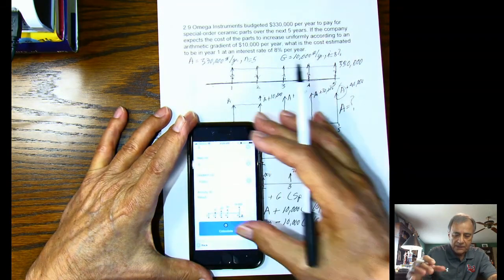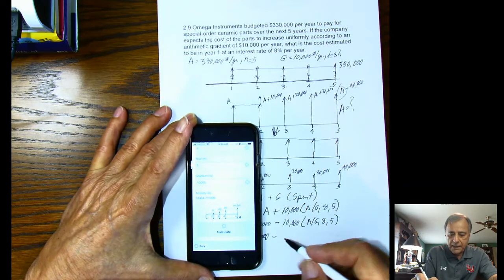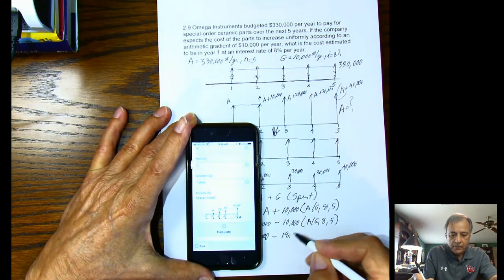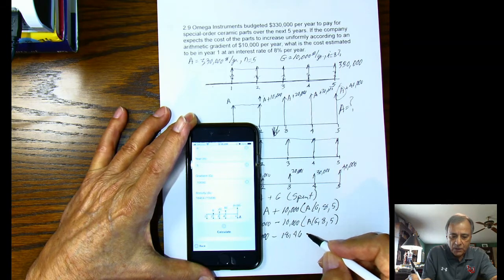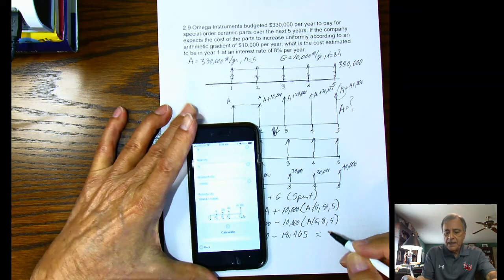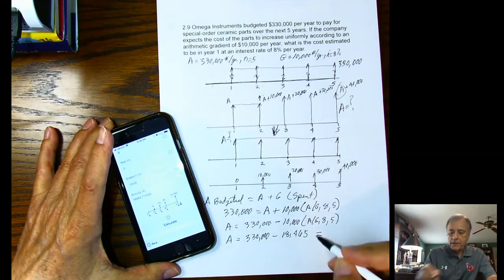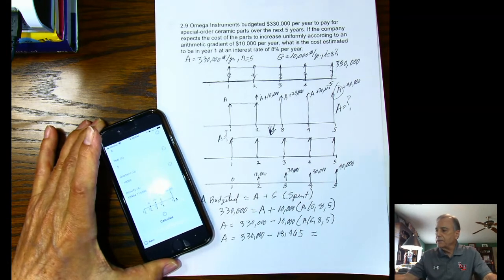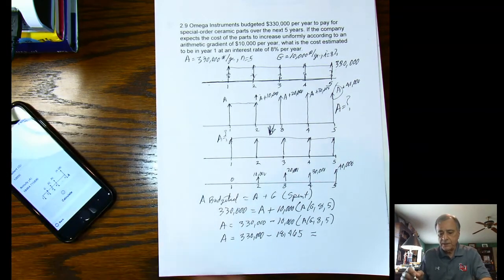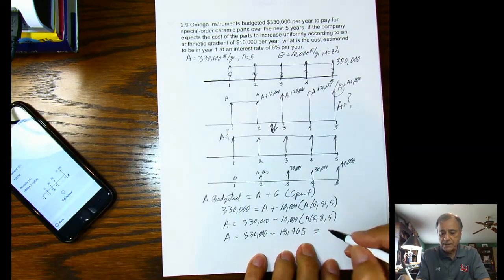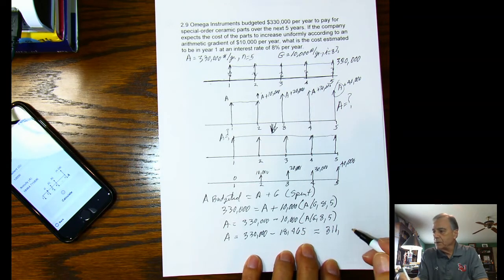So I say calculate, and I get 18,464.71, which I'll make 65. So now I have my value of A, and that turns out to be, if you do the subtraction, 311,535.